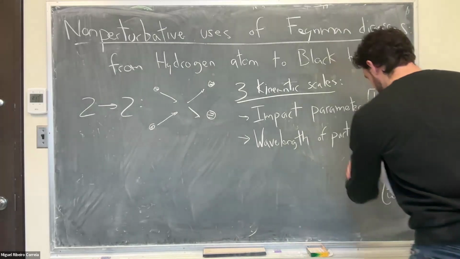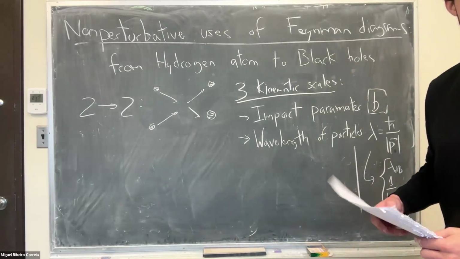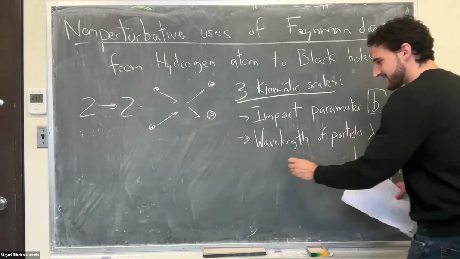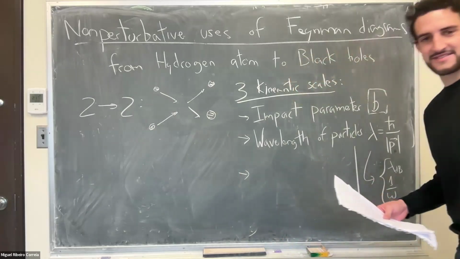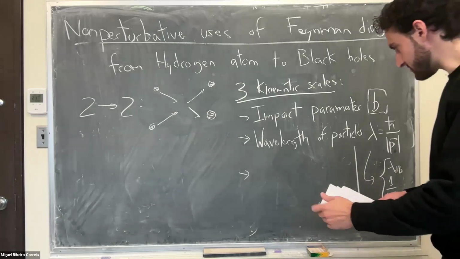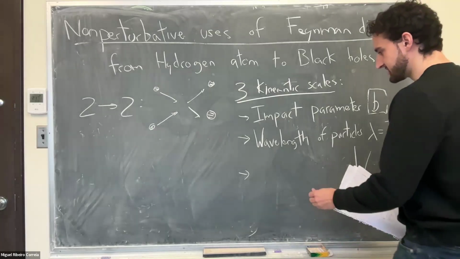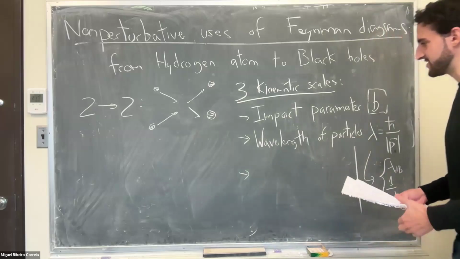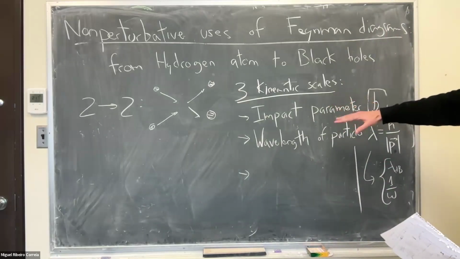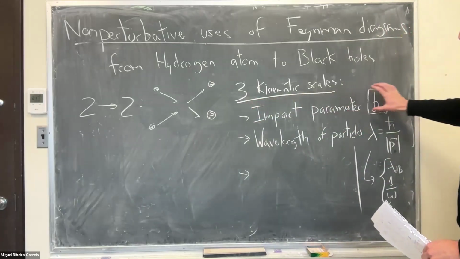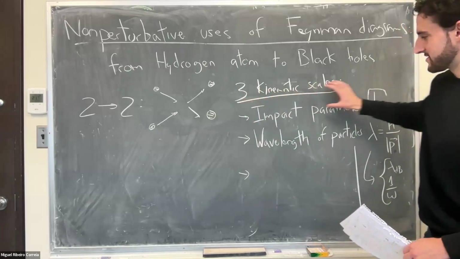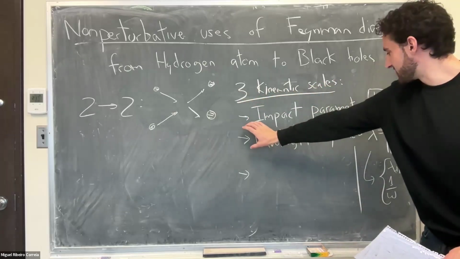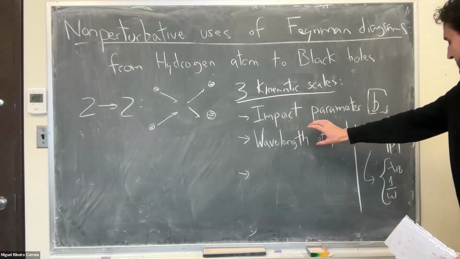By the way, you should stop me if you don't understand anything. I prefer that you ask immediately, and save other questions for after one hour. So, all of these scales are there. The impact parameter is only there in classical mechanics. The wavelength is there in quantum mechanics.